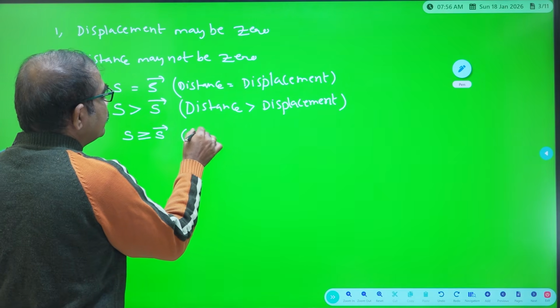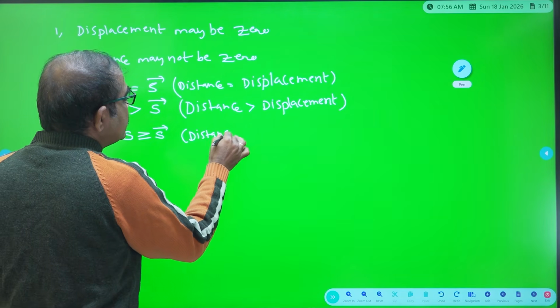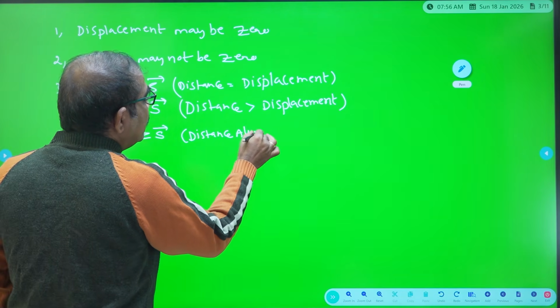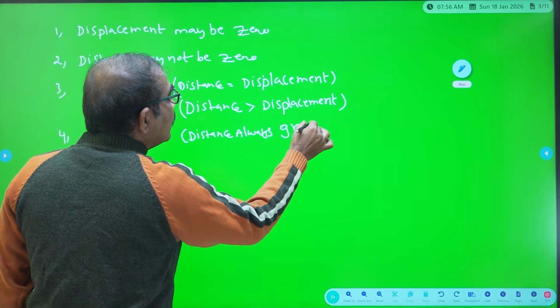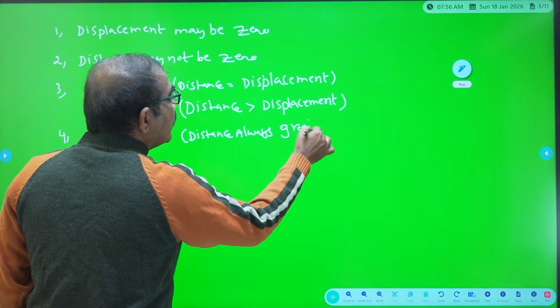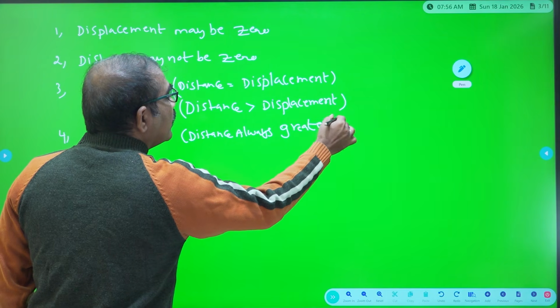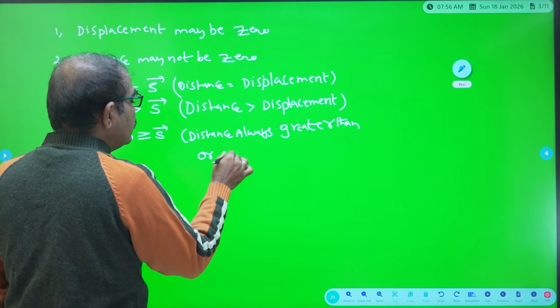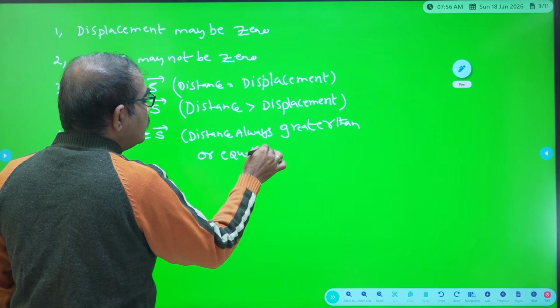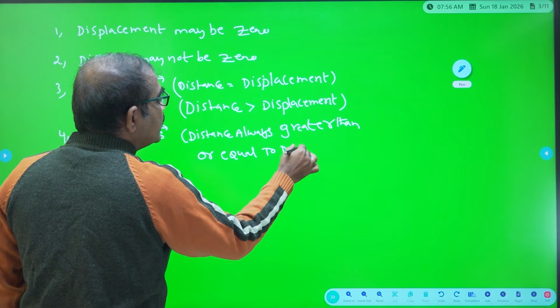Distance always greater than or equal to displacement.